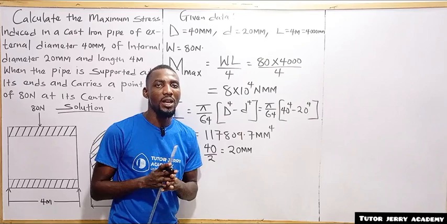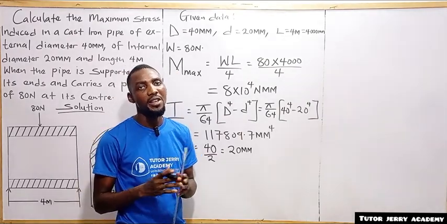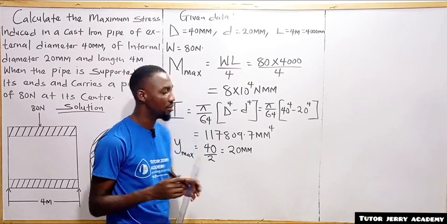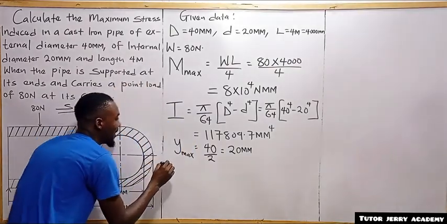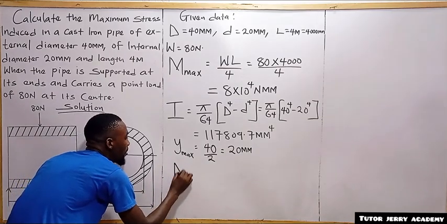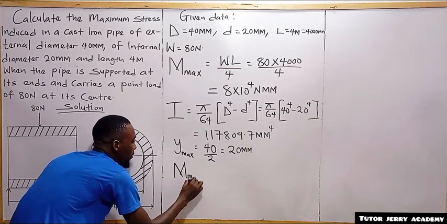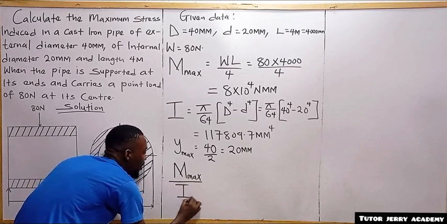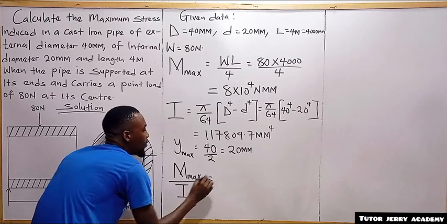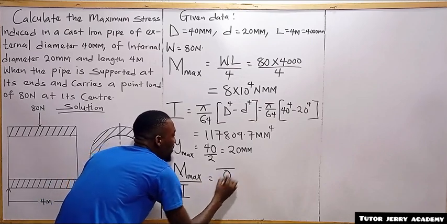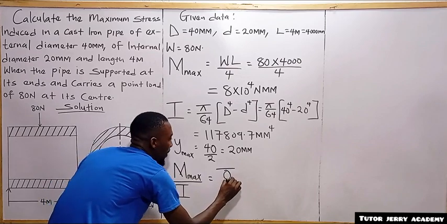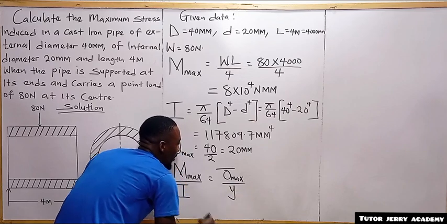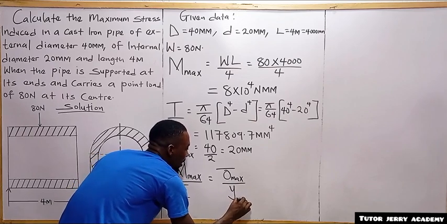All right, so now you are going to recall carefully from the flexural equation. From the flexural equation, we said that maximum bending moment over the moment of inertia is equal to stress, that is the maximum stress, divided by y, which is known as y max.